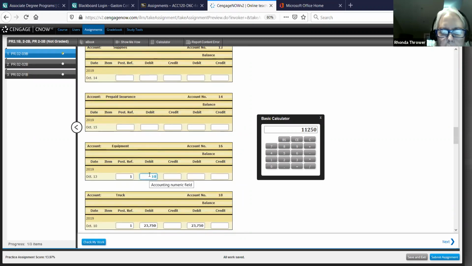I'm just copying it from the journal into the debit column, because equipment is an asset. Assets increase on the debit side. Its balance should be on the debit side. Pick up the 1-6.